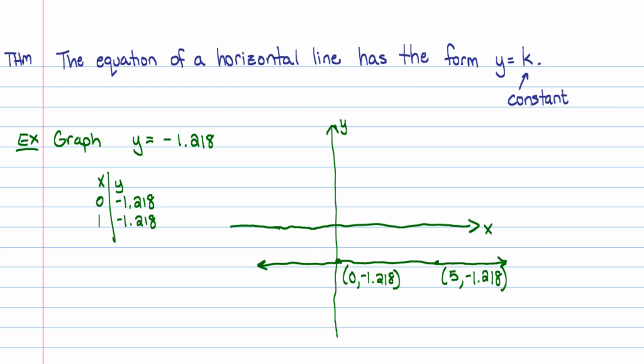I'm going to go back to our horizontal example. If you look at this horizontal line, it could be any horizontal line really. Let's talk about the slope of this line. How do you calculate the slope of a line? It's rise over run, correct?